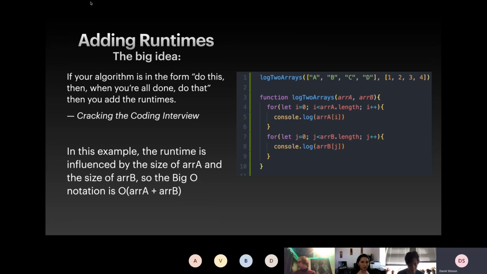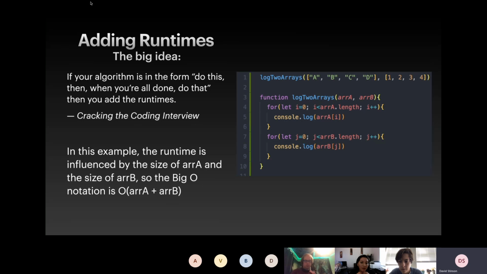But whenever you start seeing multiple data sets, you start actually naming those instead of calling them n. The way that these get their names is a little bit confusing, but it's basically whatever you decide, as long as you're clear, like, this variable is dealing with this set of data, this other variable is dealing with this other set of data. So whatever makes it clear what you're doing.